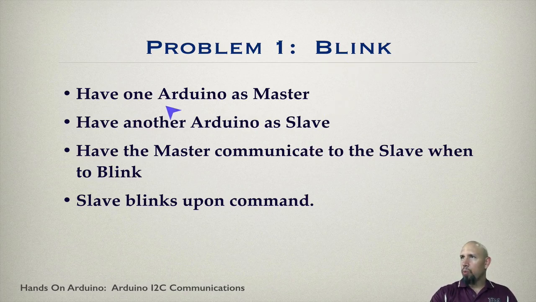So basically, we're going to have one Arduino acting as a master. We're going to have another Arduino acting as the slave. And we're going to have the master communicate to the slave when to blink. Okay? And then the slave will blink upon command. So really, in this case, the communication is going only one way, from the master to the slave.